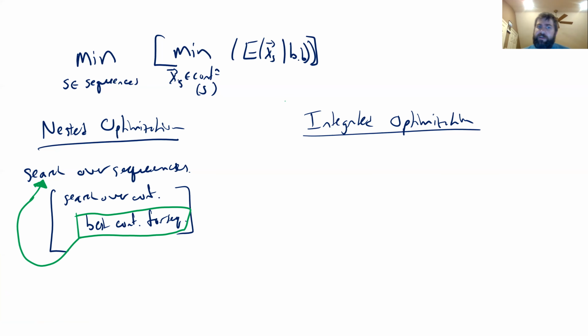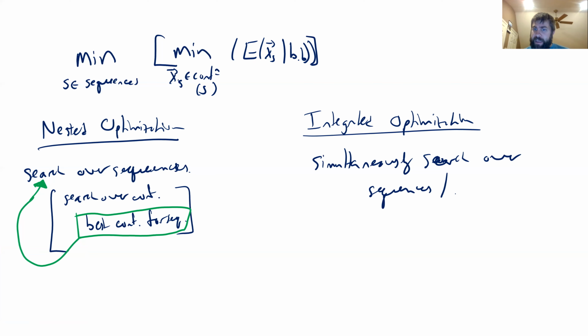The integrated optimization approach doesn't make this distinction. Instead, it takes a conceptual framework where we simultaneously search over sequences and conformations.